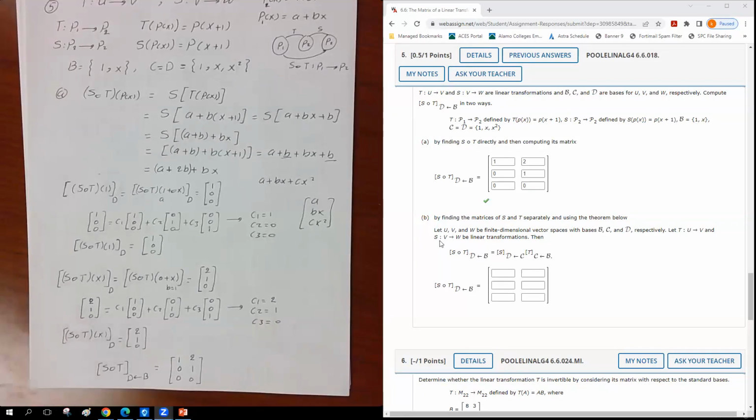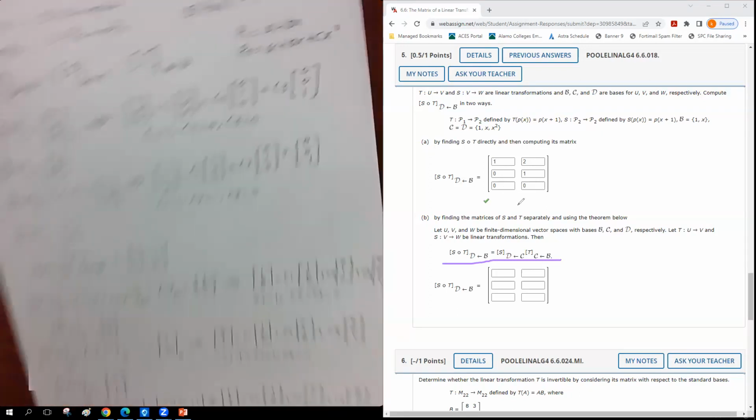We're going to find the same thing by using theorem 6.27. And this is theorem 6.7, and that's what we need to prove. So we're going to find the matrix S from C to D, and the transformation of the matrix T from B to C. And if you multiply these two matrices, you're going to get exactly the same matrix here.